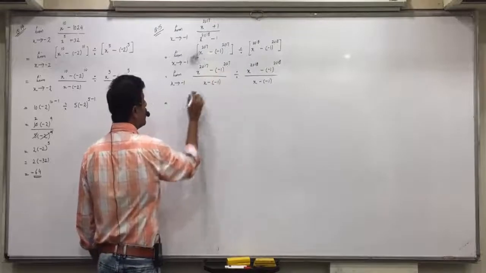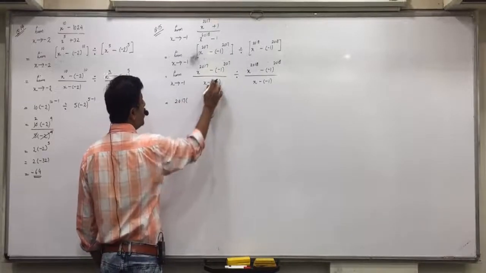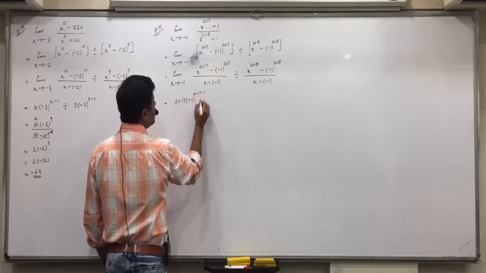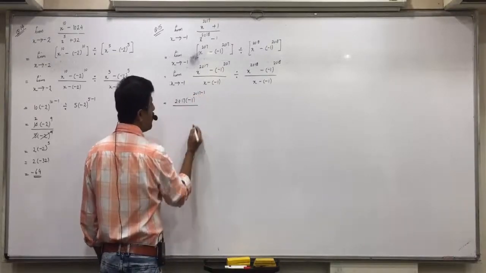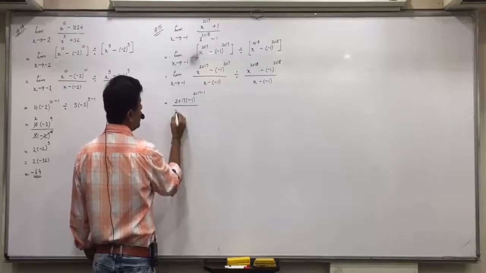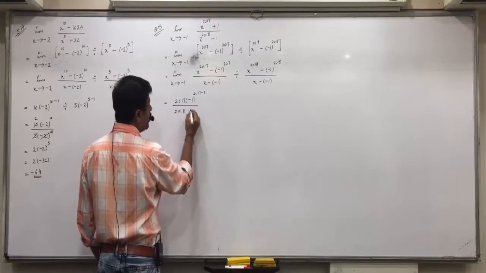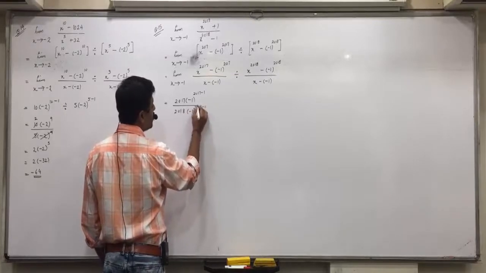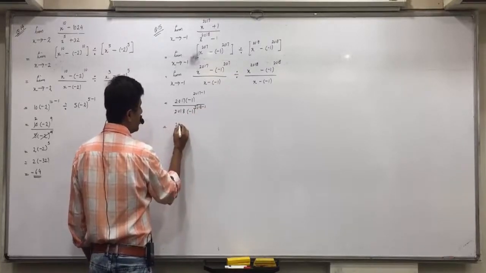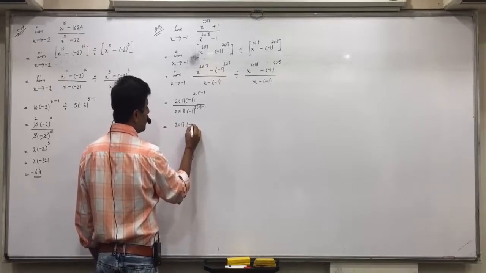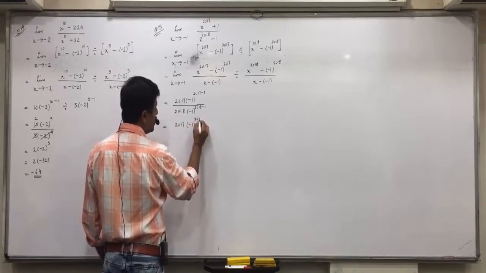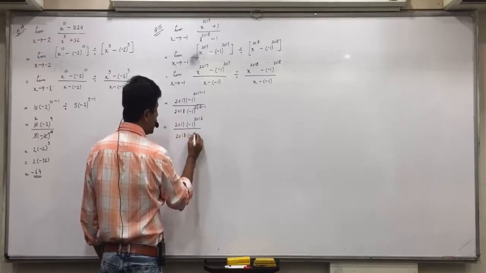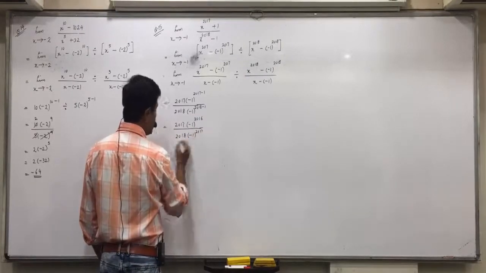What is n? 2017 into a, minus 1 raised to 2017 minus 1, divided by, what is n? 2018, what is a? Minus 1 raised to 2018 minus 1. So 2017 into minus 1 raised to 2016 upon 2018 into minus 1 raised to 2017.